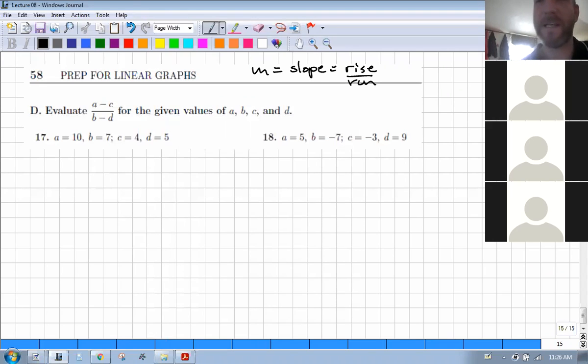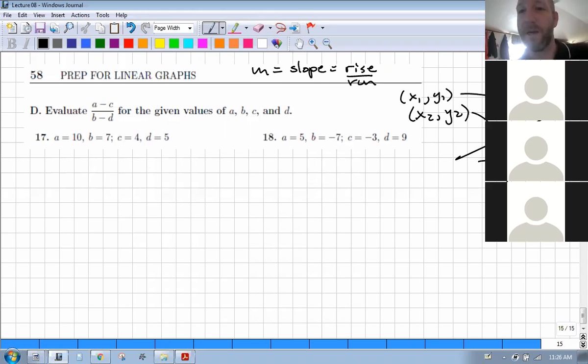All right, let's say you have 2 points. I'll call them x1, y1, and x2, y2. All right, there's just two coordinates. So here's x1. So those are the 2 points, right? The rise over the run.